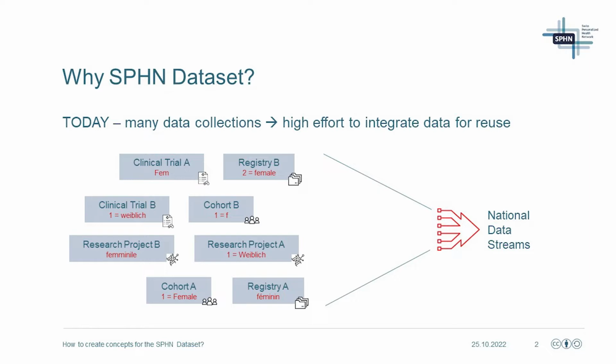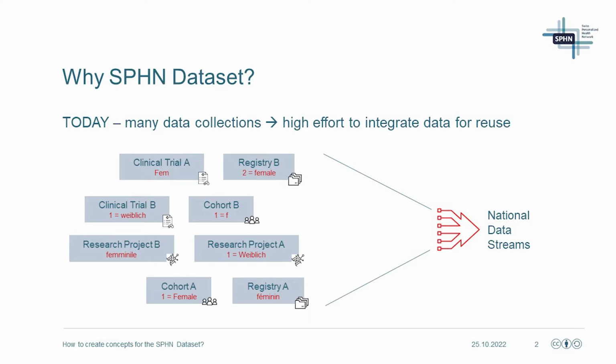So let us start with the question, why do we need the SPHN dataset? Today there are many data collections, such as clinical trials, registries, cohorts, or data collections for specific research projects. And for each of those collections, there's an individual specification for the data.